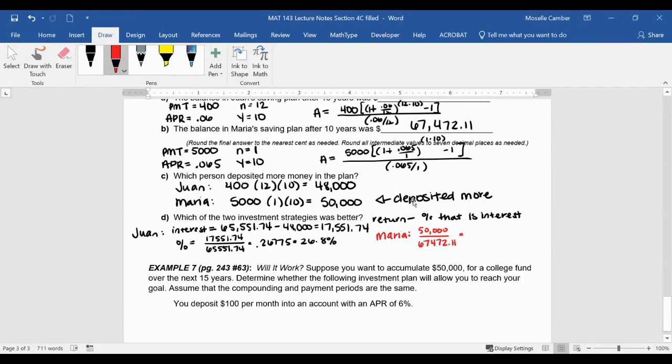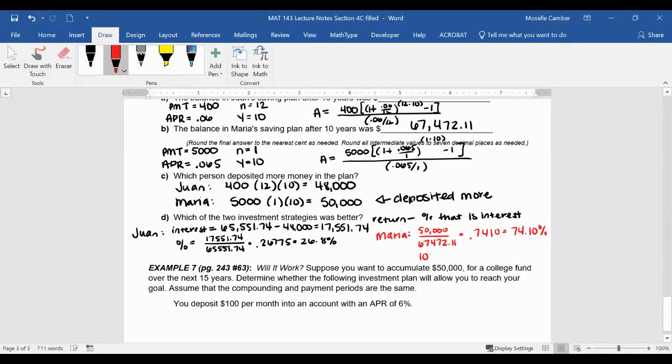And that gives you, sorry, my calculator is being a little, I didn't want to type my numbers in. Okay, so you get a 0.7410, which is a 74.1%.